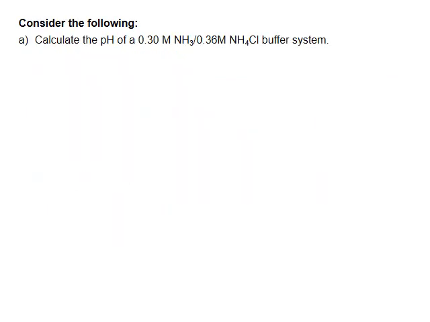Let's look at this first example. We're asked to calculate the pH of a buffer system that contains 0.3 molar ammonia and 0.36 molar ammonium chloride. If we start by drawing a picture of our system, we have a buffer and it contains ammonia and ammonium. Let's list our major species.